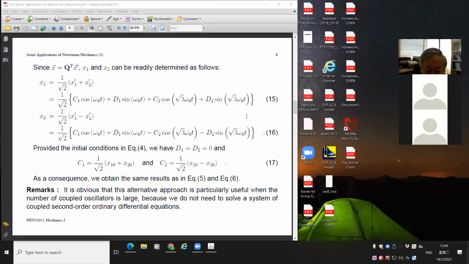Now, to be honest, this example is deceiving you. Why? Because this is a two-dimensional problem. If you have n coupled oscillators, then you have a polynomial of degree n, and you want to find its roots.